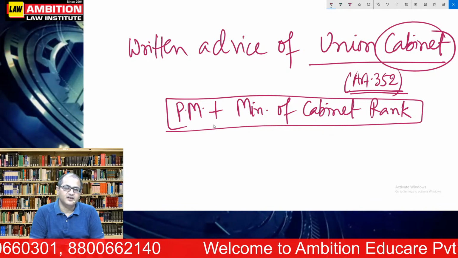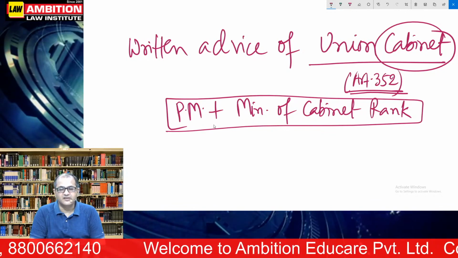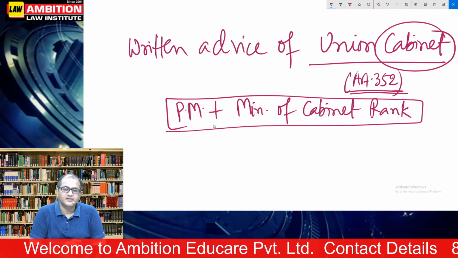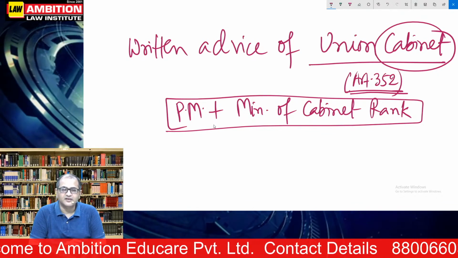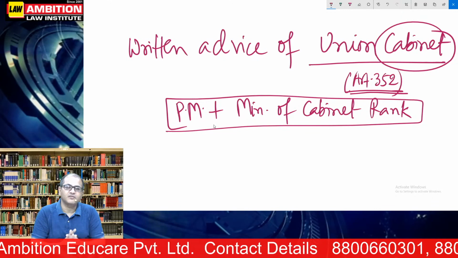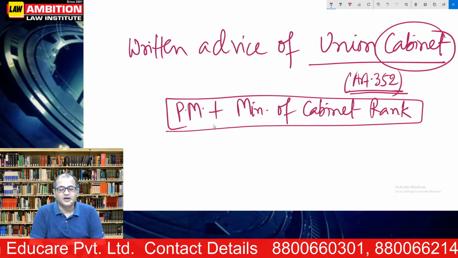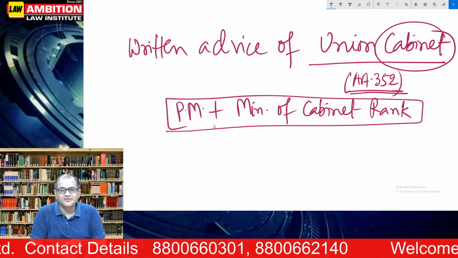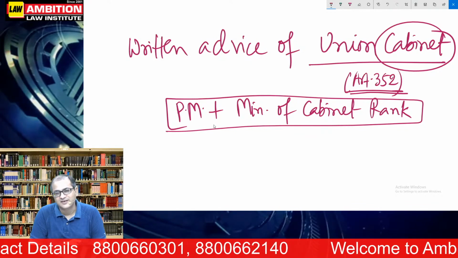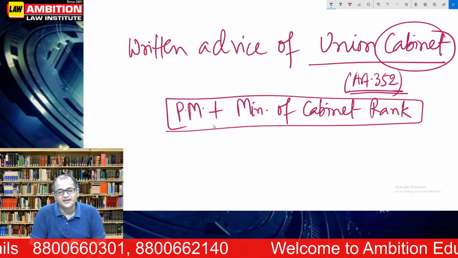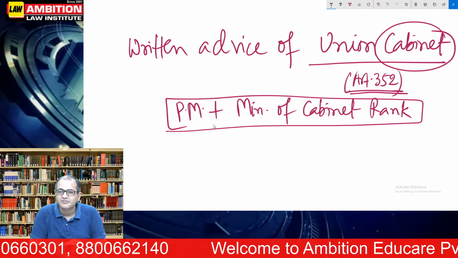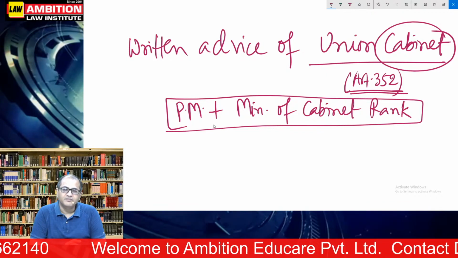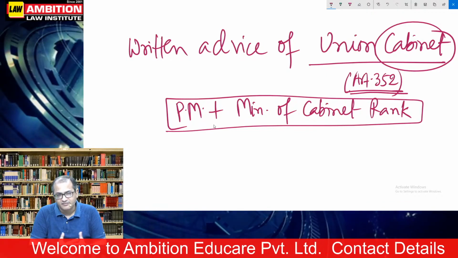The Prime Minister answered that there is a rule of business, and this rule of business allows the Prime Minister to take a decision on behalf of the Council of Ministers. The Prime Minister is not duty bound to take the advice of all the Council of Ministers all the time. It is not required. She can take a decision on behalf of the entire Council of Ministers, and this is provided in Rule of Business 28 clause B. So she justified her stand.